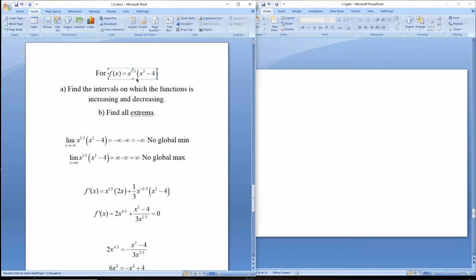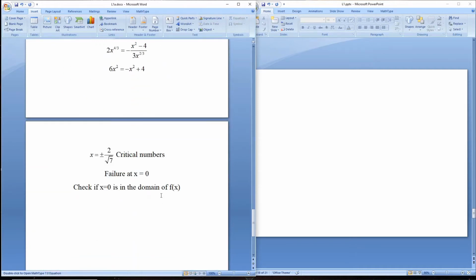Now recall, the domain is all real numbers, which means yes, x equals 0 is in the domain, which means x equals 0 is a critical number. So we have 3 critical numbers, plus and minus 2 over square root of 7 and 0.